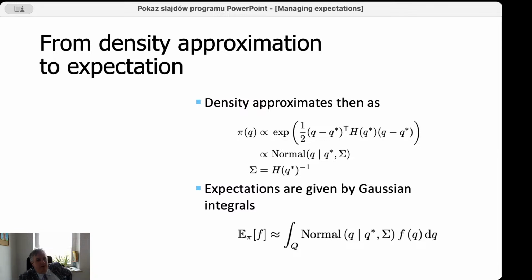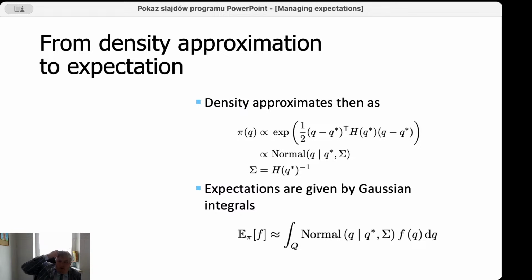And to come back from the logarithm, we can just take an exponent of both sides. So we remove the logarithm on the left, and we take an exponent of this quadratic function, which is obviously a Gaussian probability distribution, that is, of Gaussian shape.